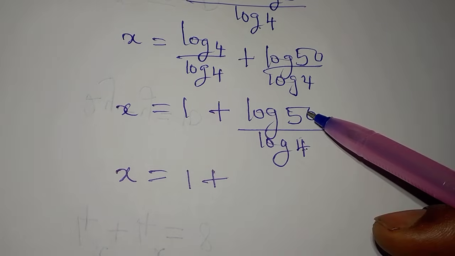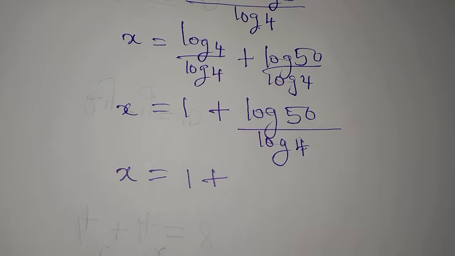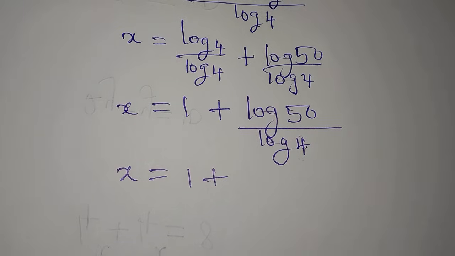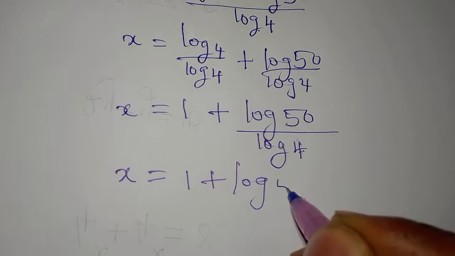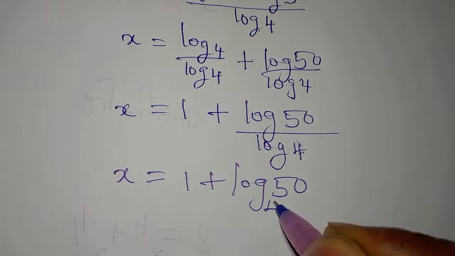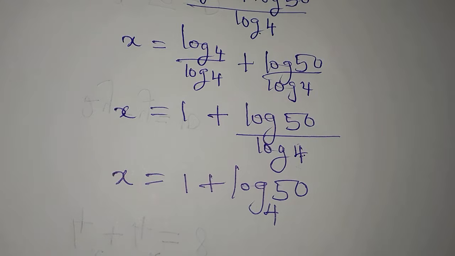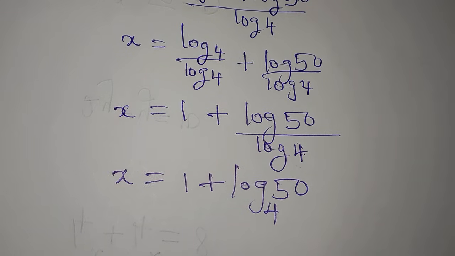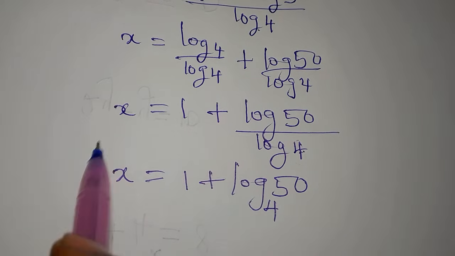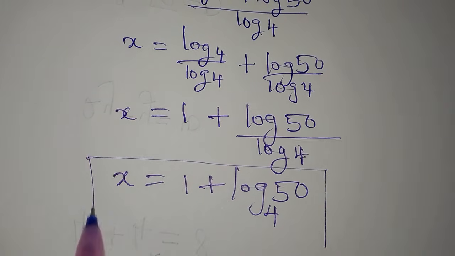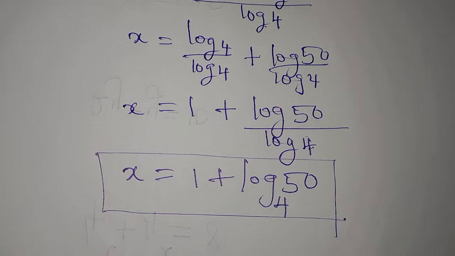If this was 2, this is going to be log 50 to base 2. So now that it is 4, we have log 50 to base 4. And you can actually confirm this. Log 50 divided by log 4, is it the same thing as log 50 to base 4? You can do the confirmation and let us know in the comment section.